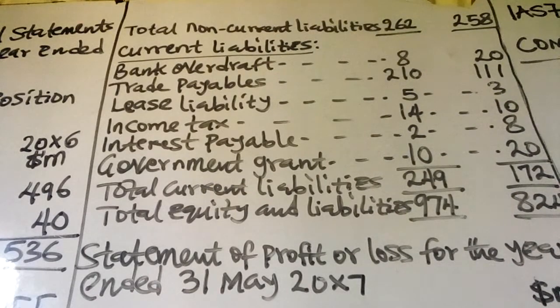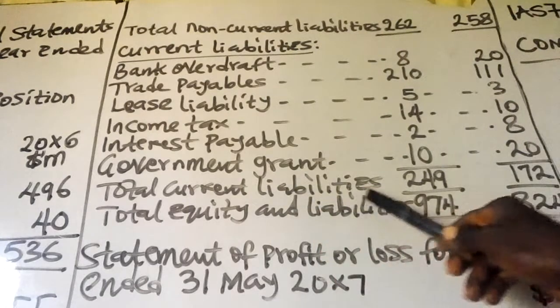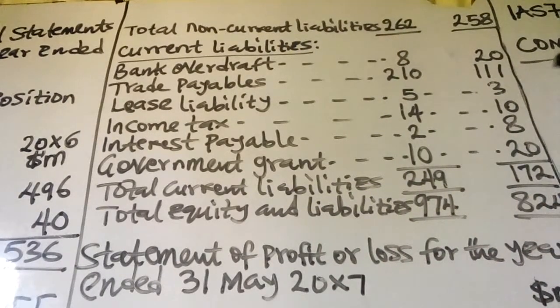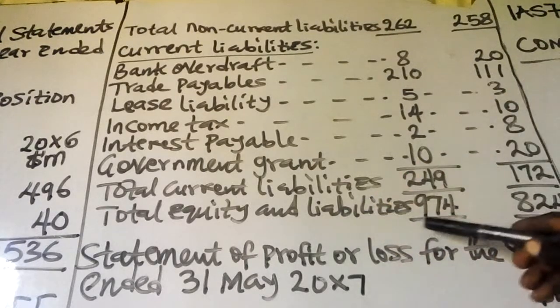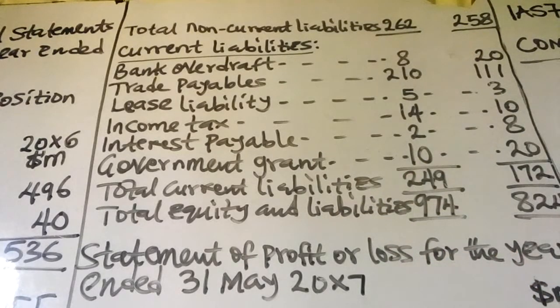Interest payables we have 2 for 20x7 and 8 for 20x6. Then we have government grants 10 for 20x7 and 20 for 20x6. Then total current liabilities 249 and 172 for 20x7 and 20x6 respectively. Then total equity and liabilities 20x7 we have 974 and 824 for 20x6.